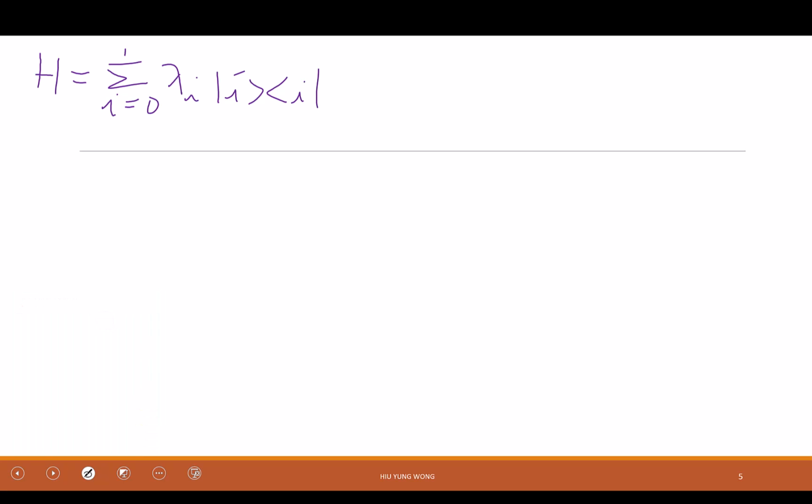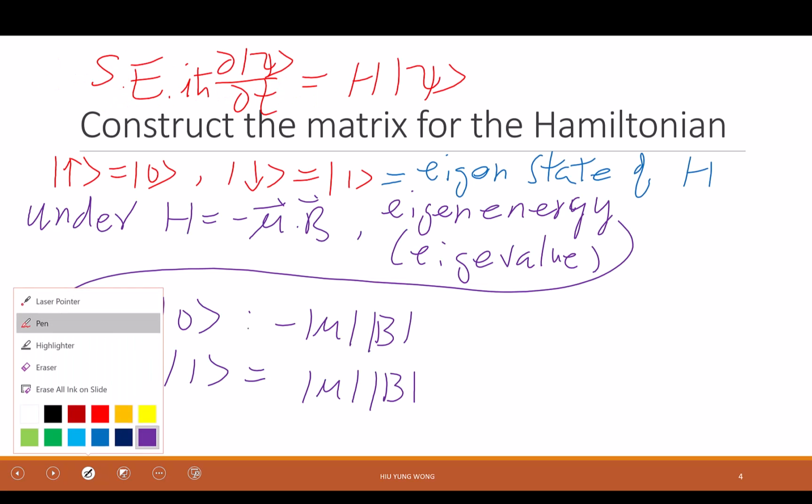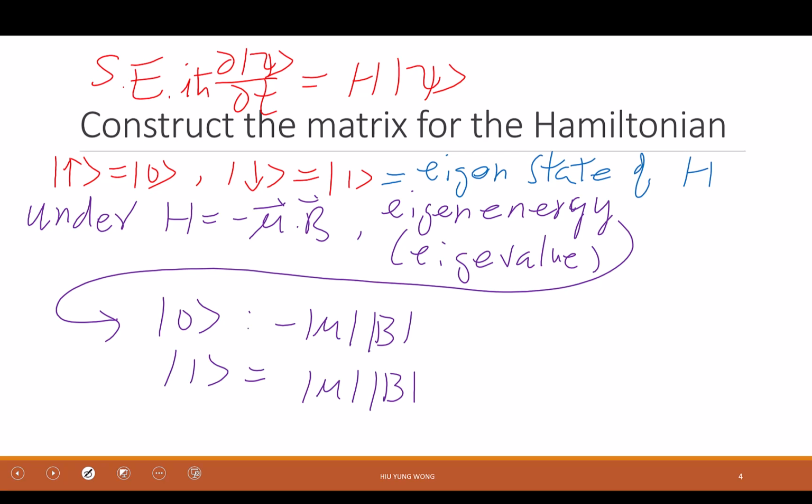So to help your study, I should say clearly, these are lambda 0 and lambda 1, and these are 0 and 1. 0 goes with lambda 0, 1 goes with lambda 1, right?